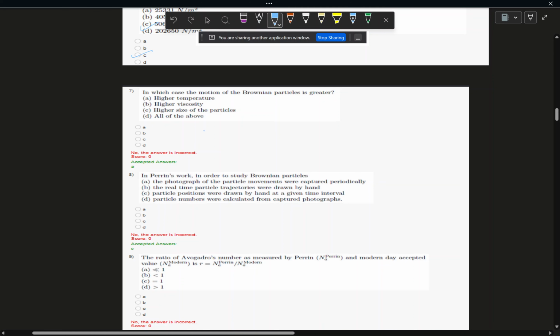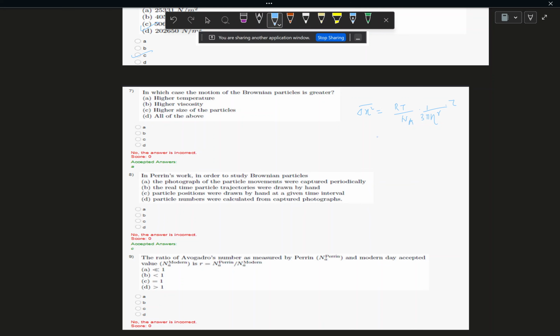Now question number 7 is: in which case is the motion of the Brownian particles greater? Now for Brownian particle motion, we can directly take the concept of the formula that we have just used multiple times. It's RT by Na into 1 by 3 pi eta r into tau.